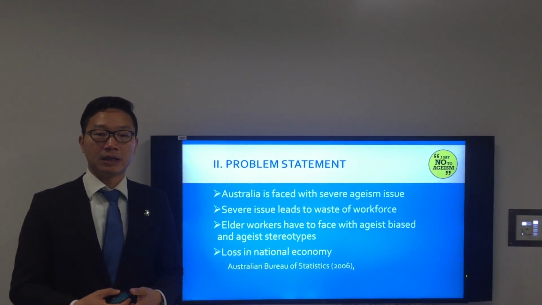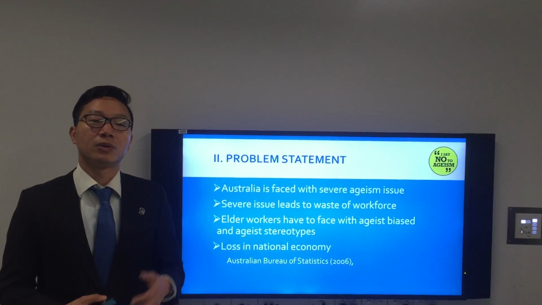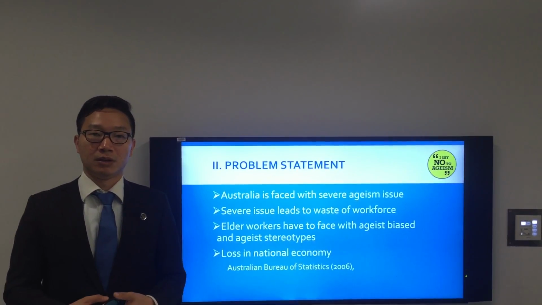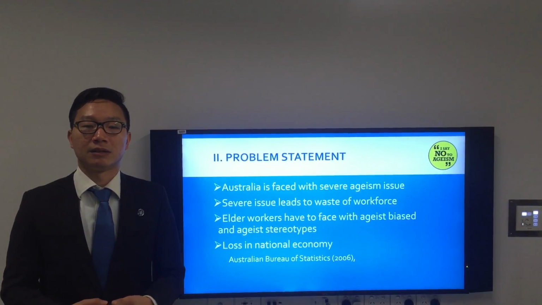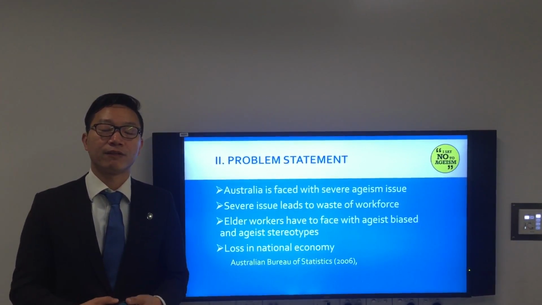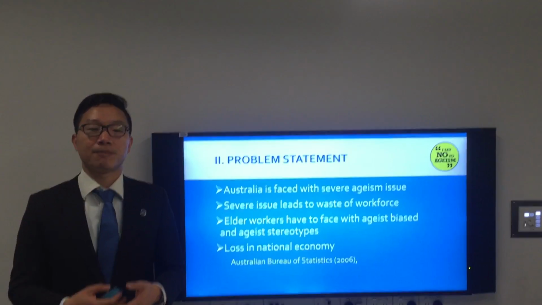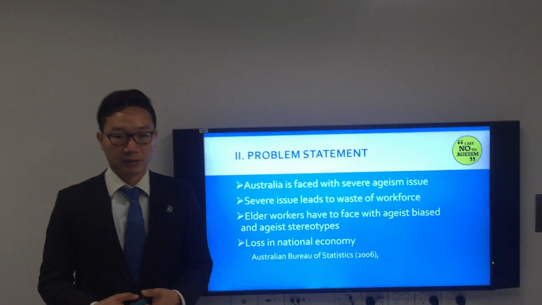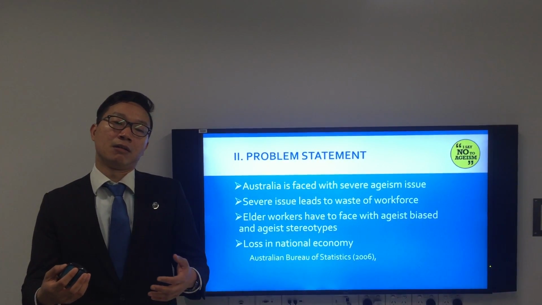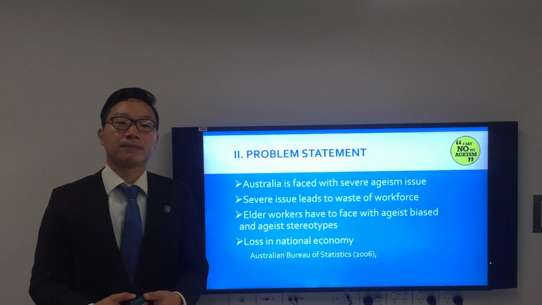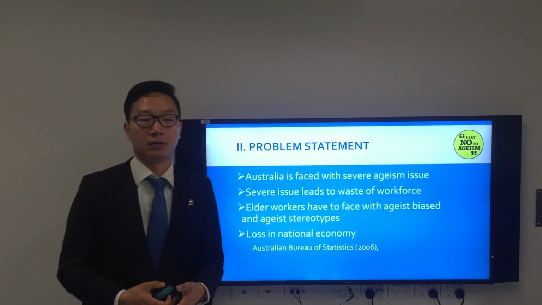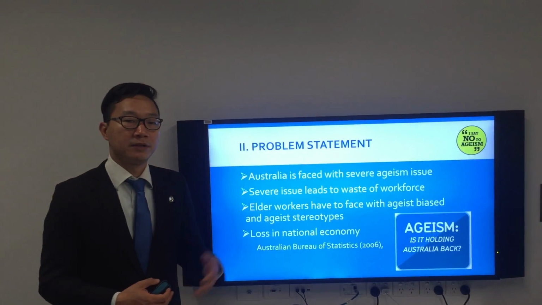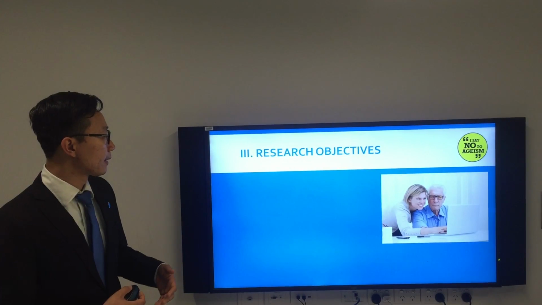Ageism in the workplace could result in a loss to the national economy. In 2015, Deloitte stated that a 5% increase in the participation of over-55 workers could generate $33 million annually.